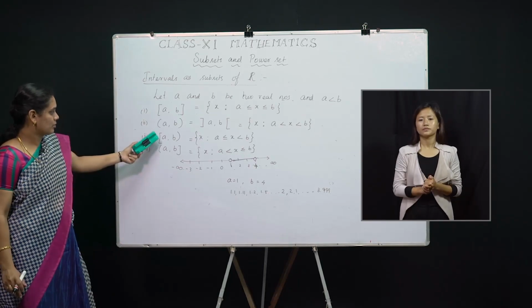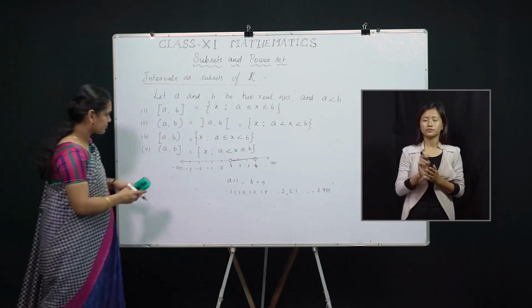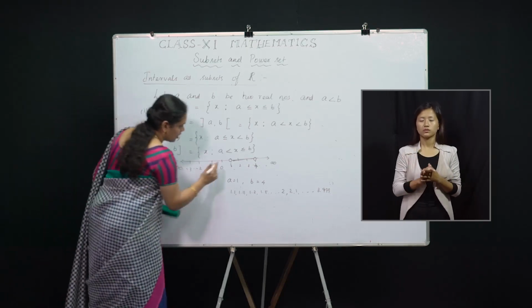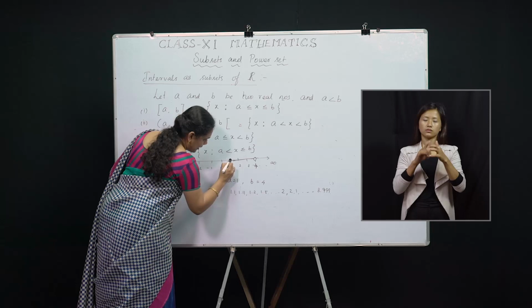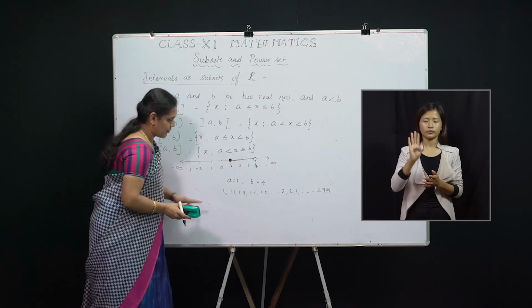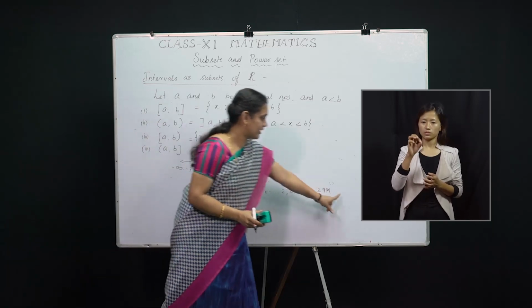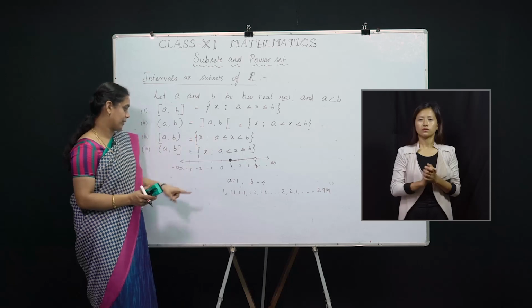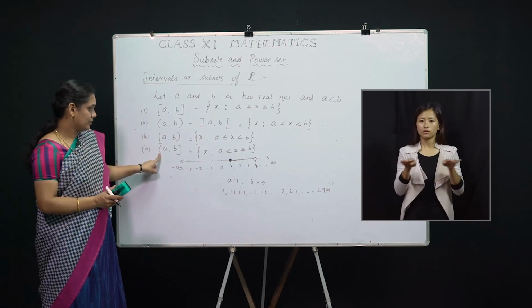Now hope you can understand these two. Left side closed and the right side open. In this case, we will include this 1, but we will not take this 4. That means from 1 we will choose, but we will exclude 4. So that is the meaning of this left closed, right open. And left open, right closed.